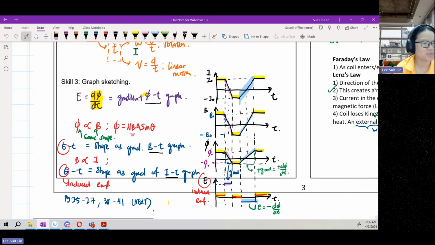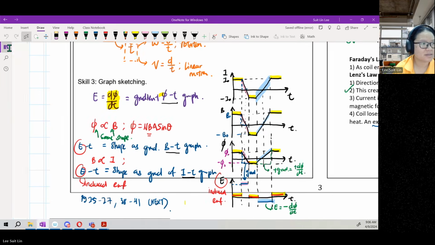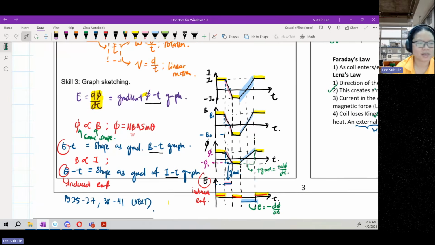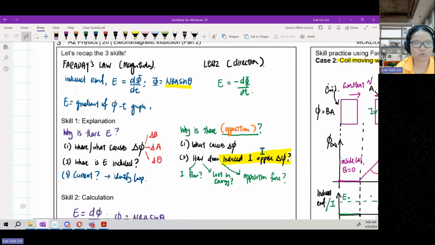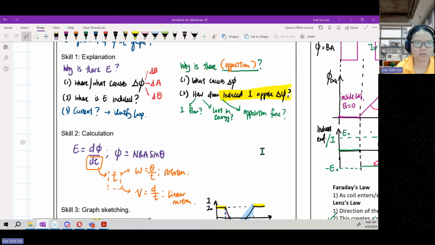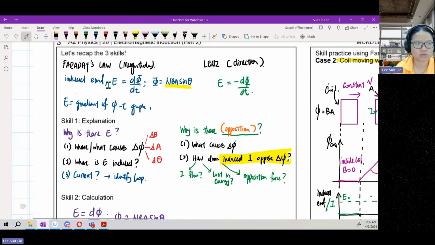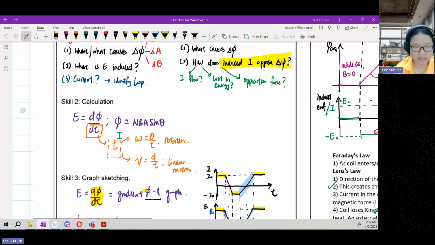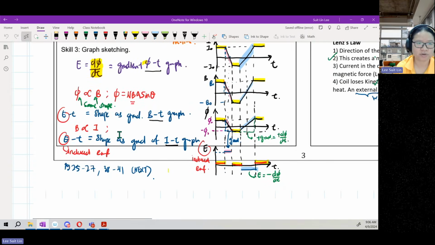Okay, so I'll open the S class one. All classes will have this page. It's in your notes. I thought about how you need to use Faraday's law to explain, calculate, but more importantly, to sketch the graph.